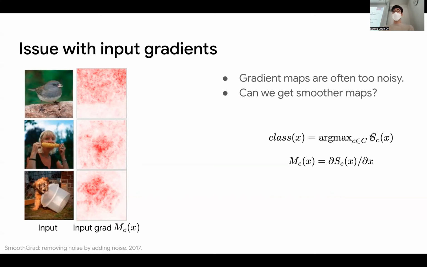So there needs to be some kind of reduction of the color channel dimension. So in this case, you're taking the max. And some people also take the absolute value to make sure that even the negative contributions are considered contributions, okay? But still, they are very noisy.